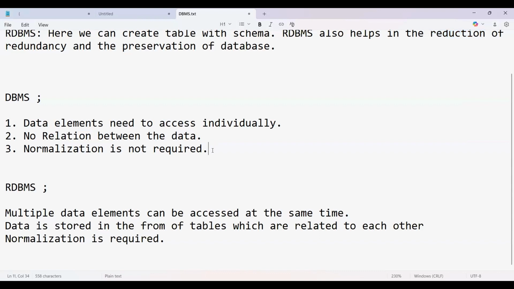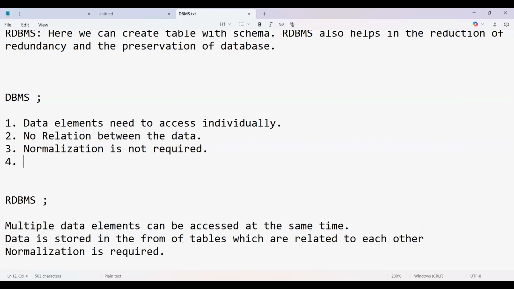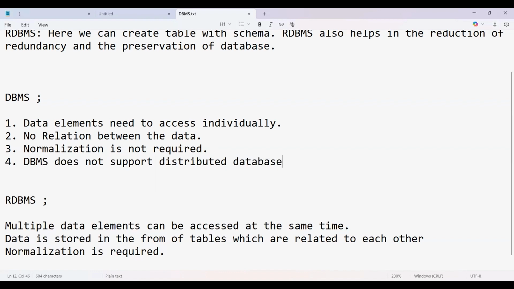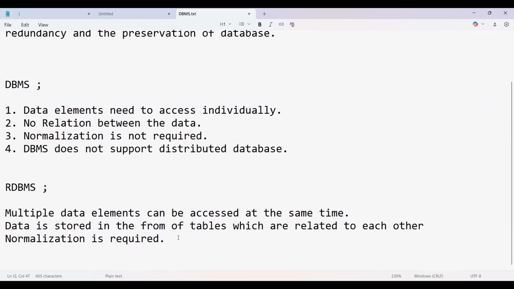And the fourth point, DBMS does not support distributed databases. RDBMS supports distributed databases.